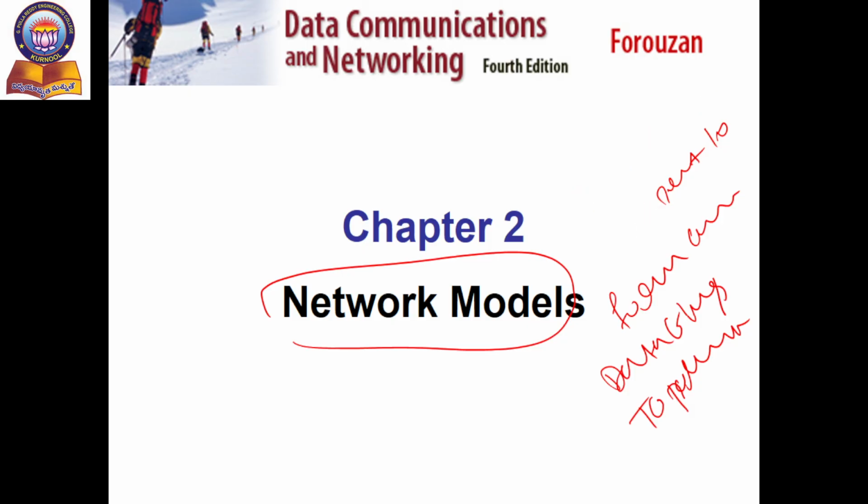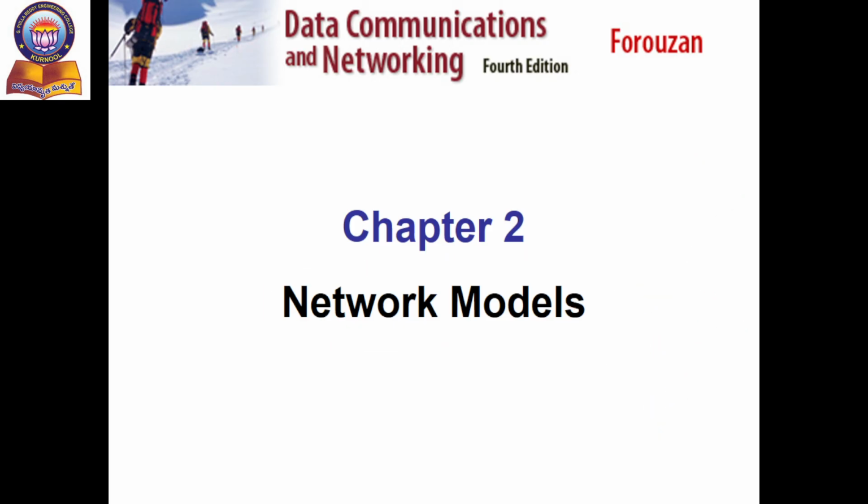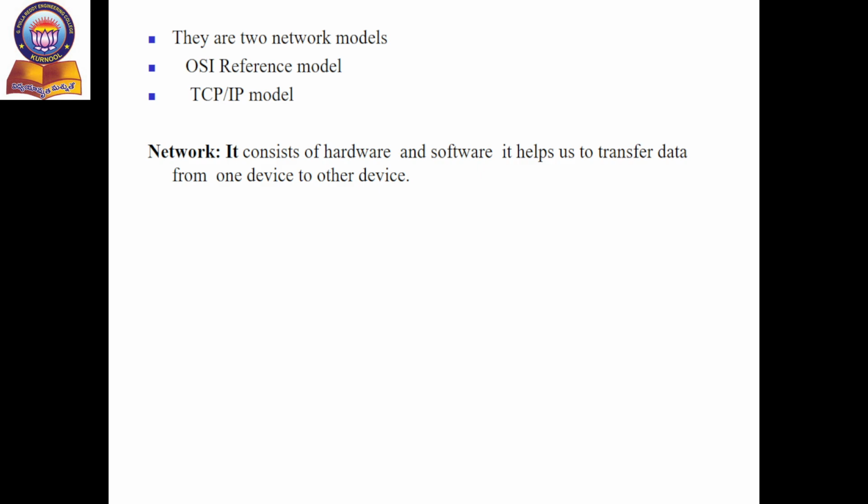There are two different types of network models. The first one is the OSI reference model, and the other is the TCP/IP reference model. These are the two different types of network models we have in the syllabus of networks. So what is OSI?